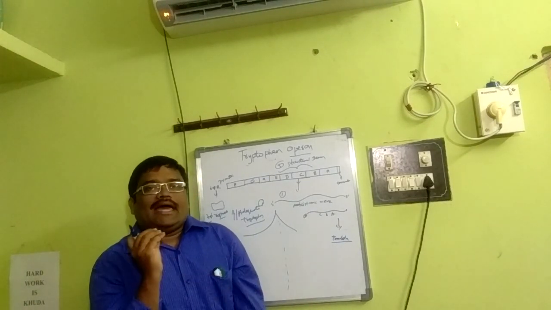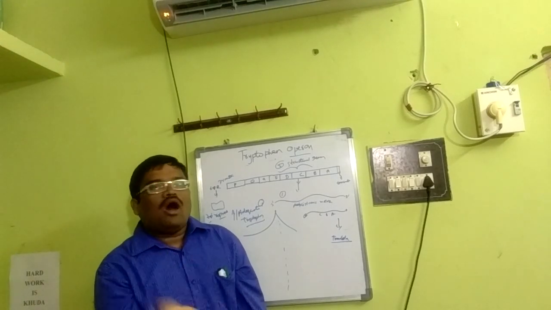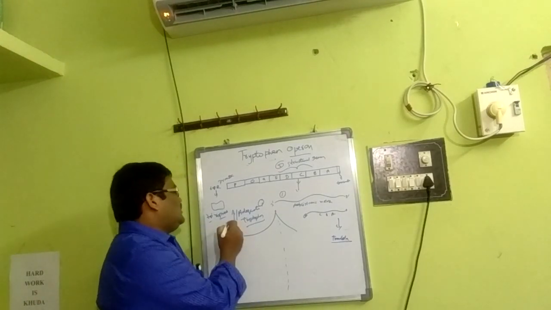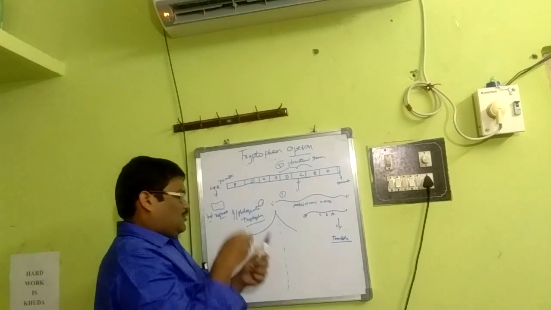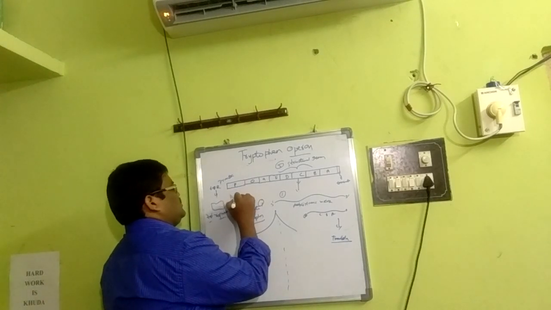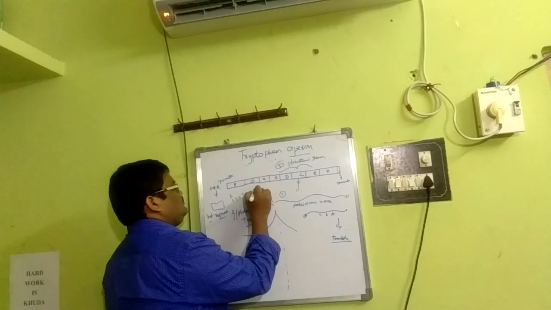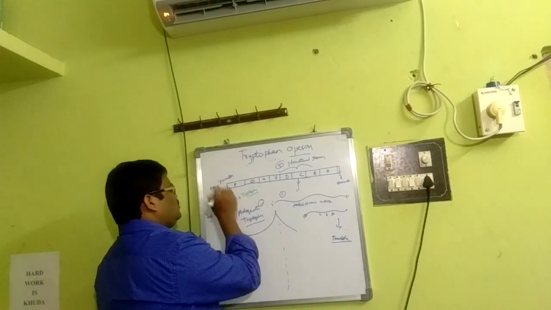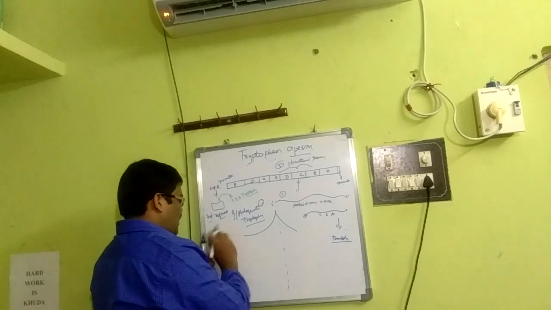That means the expression, the transcription should shut down. How? In general, if there is ample availability of tryptophan, say these are the tryptophans, and they will bind to the repressor protein, forming an active repressor.